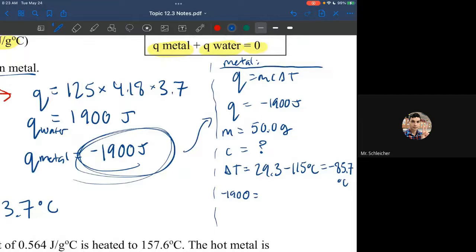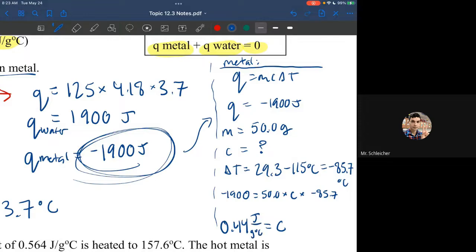Okay. So if we plug in all these numbers into the equation, you get something like negative 1900 is equal to 50 times C times negative 85.7. I'm not going to show you every math step here, but once you solve this, you should get a final answer of like 0.44 joules per gram degree Celsius.